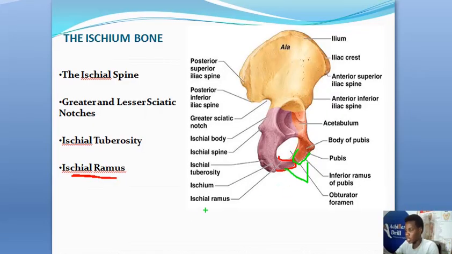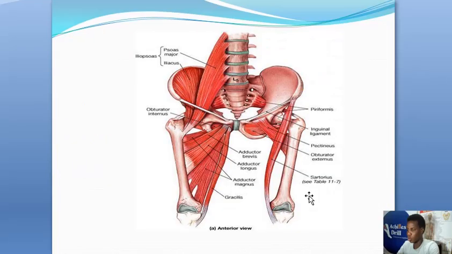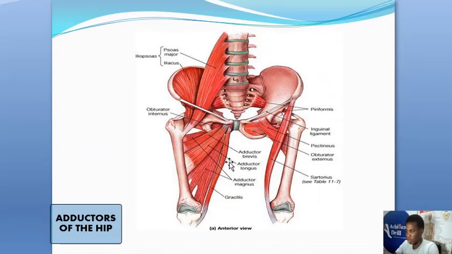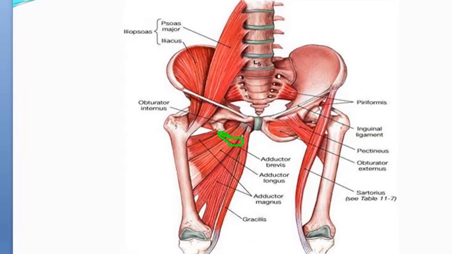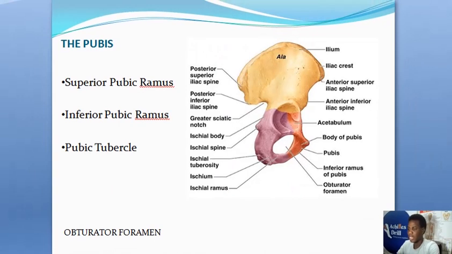This composite structure functions for proximal attachment of some important muscles, the adductors of the hip joint. Here are some of those muscles, having attachment to the ischiopubic ramus, which is formed by the pubis and the ischium. So that's that about that.